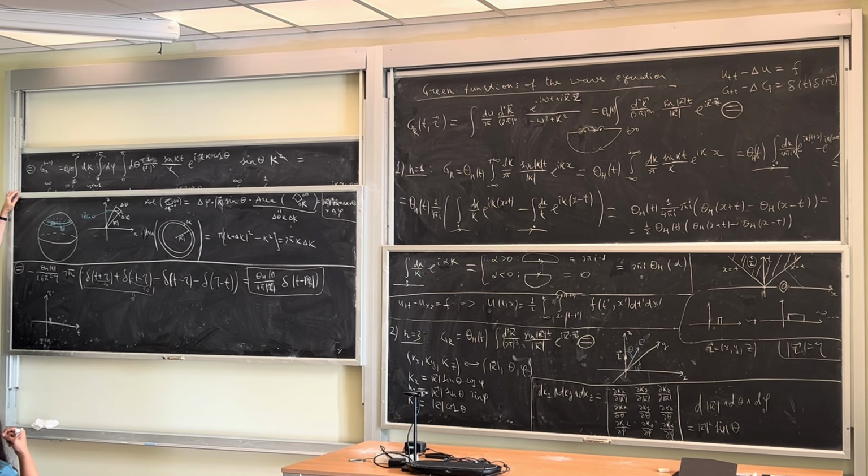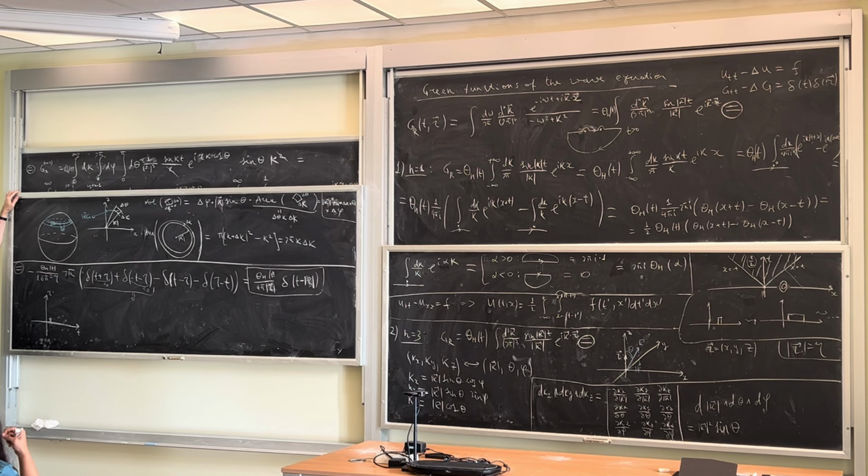And if you now substitute this answer for the Green function, then the Heaviside theta function cuts the time integral from minus infinity to t prime, dt prime.